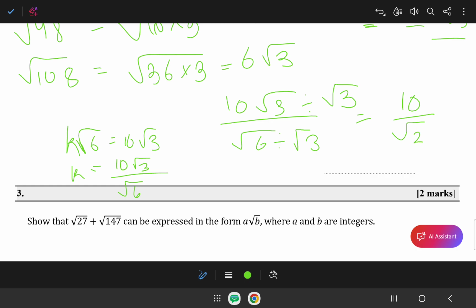Now comes our next step, where we have to rationalize the denominator. How do we do that? We simply multiply the numerator and denominator by the denominator, so root 2.